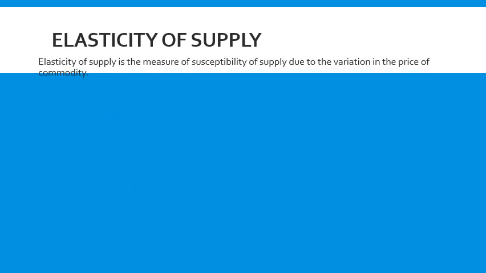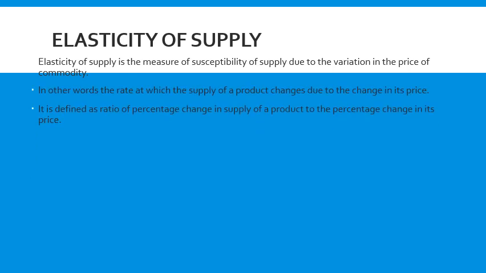Now we will come to elasticity of supply. What is elasticity of supply? Same thing as that of the elasticity of demand, wherein the elasticity of supply is the measure of susceptibility of supply due to the variation in the price of commodities. Same aspect, everything.